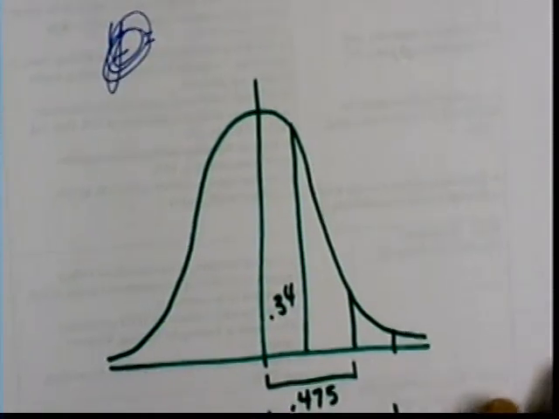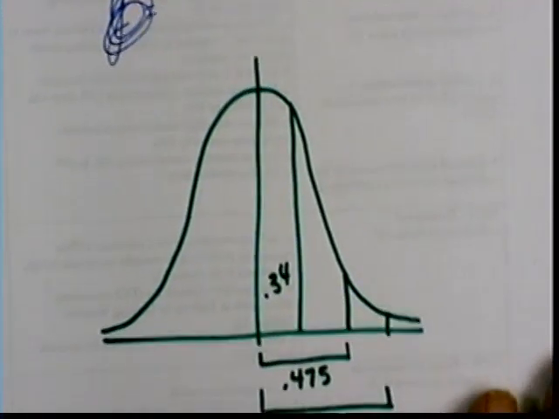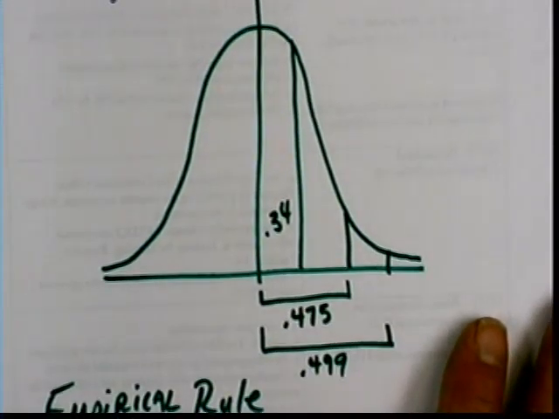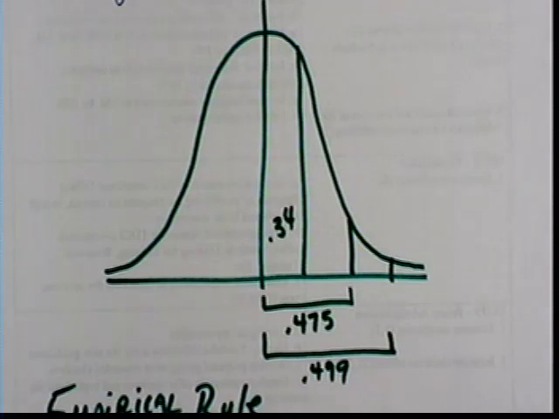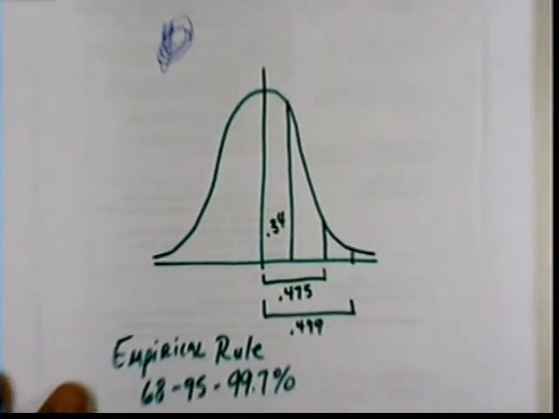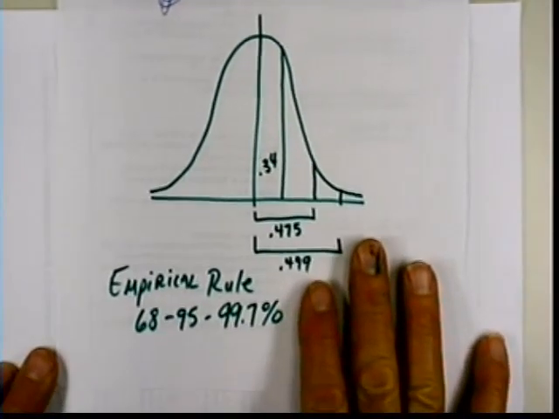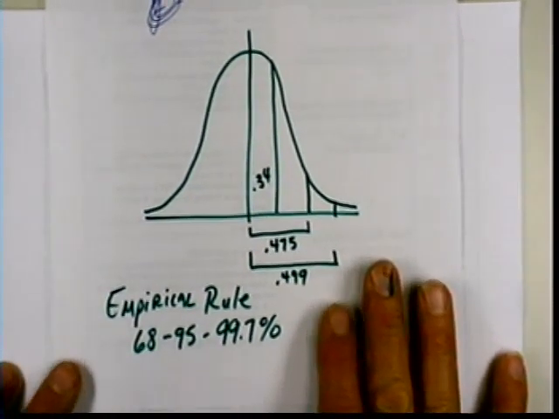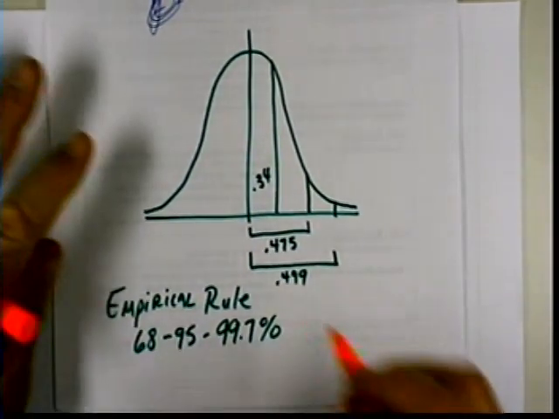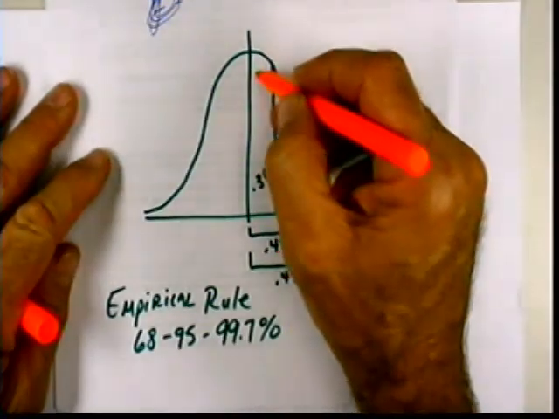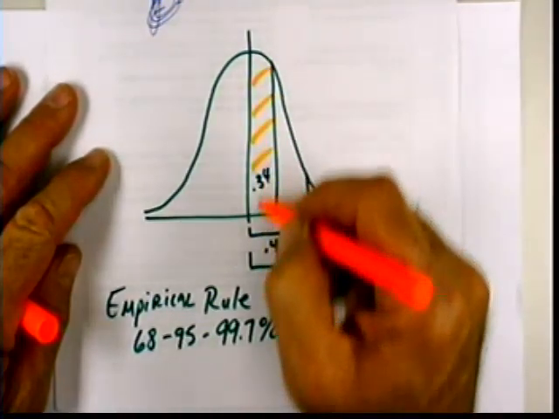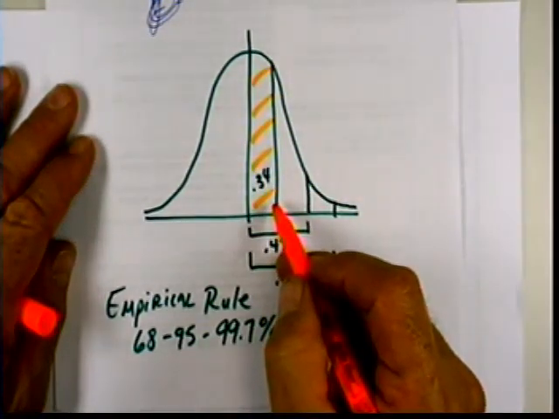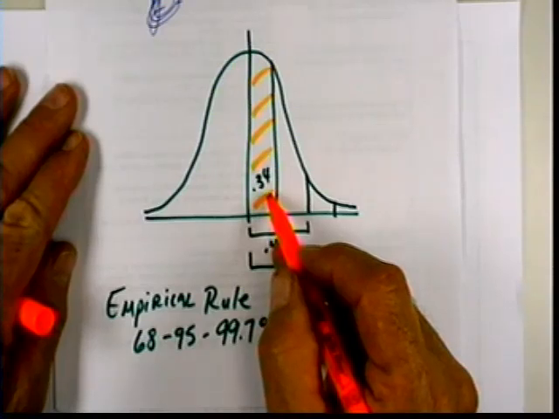Here's our distribution. And this actually fits into a thing that's called the empirical rule, or you may also see it referred to as the 68, 95, 97.5% rule. The first standard deviation, this area right in here, has got 0.34 of the area.